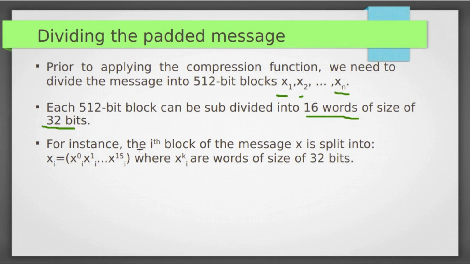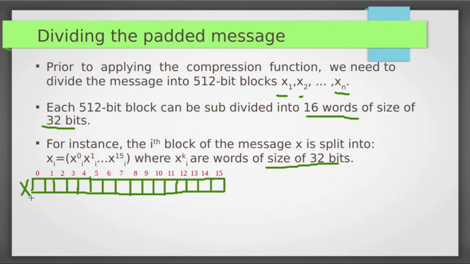For example, ith block of the message X is split into xi superscript 0, xi superscript 1 like that, xi superscript 15, each of size 32 bits. This is the X. Like this we have to divide them into 16 blocks indexed from 0 to 15, each of size 32 bits.